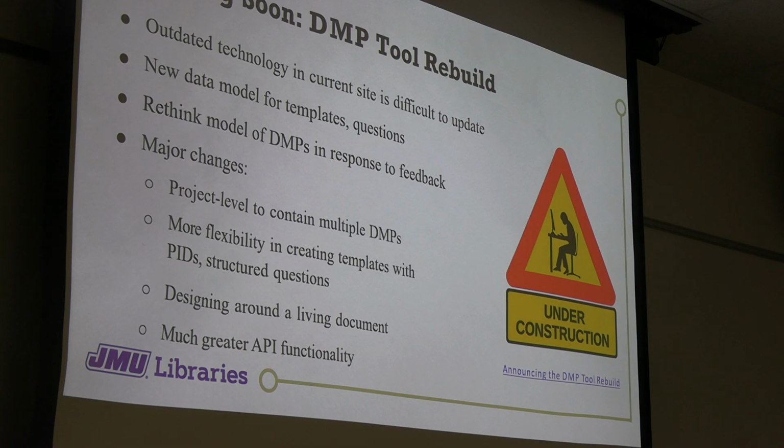Something that a lot of people are excited about is this rebuild is being designed around the idea that your DMP is a living document. So it's going to better reflect what DMPs actually are meant to do. Plus you'll see a lot stronger API functionality, so tools and platforms can integrate more seamlessly using the DMP tool.